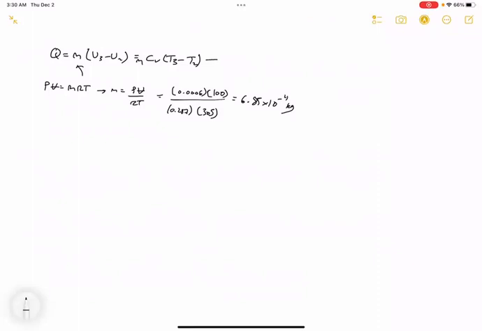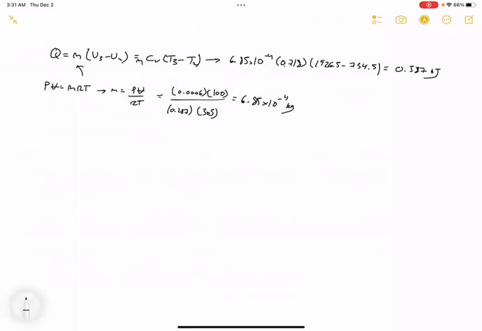So let's plug those in: 6.85 times 10 to the negative 4 times 0.718 times (1926.5 minus 734.5). This gives us a value of 0.587 kilojoules. So this is the amount of heat transferred in the heat addition process, which is of course transferred by burning fuel.